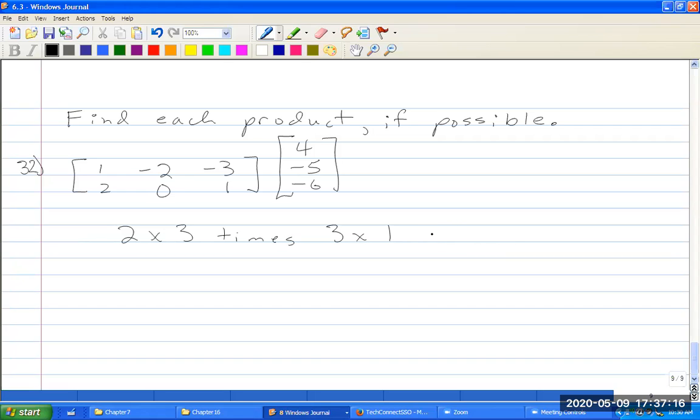That should equal a 2x1 matrix. Okay, let's do this.